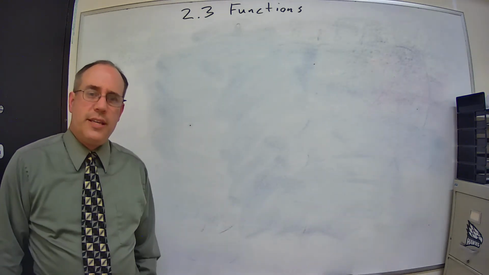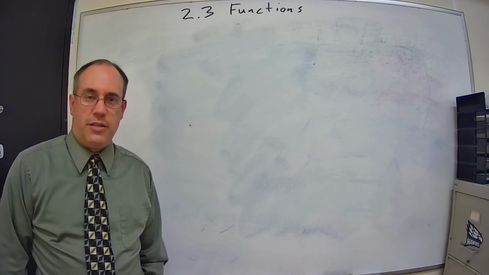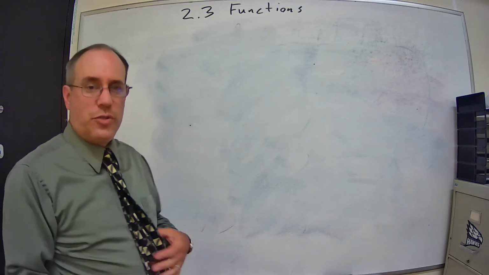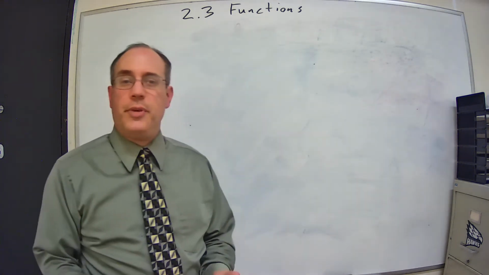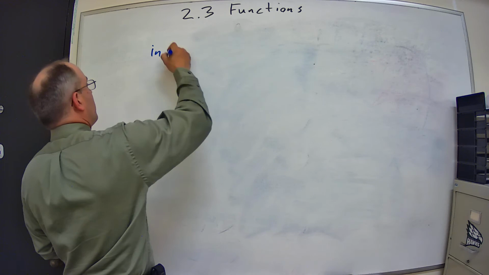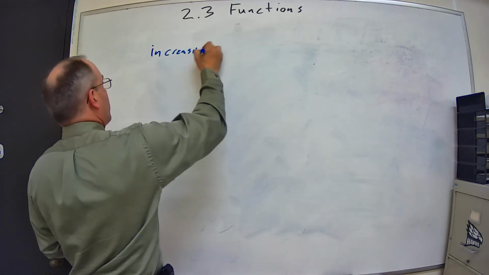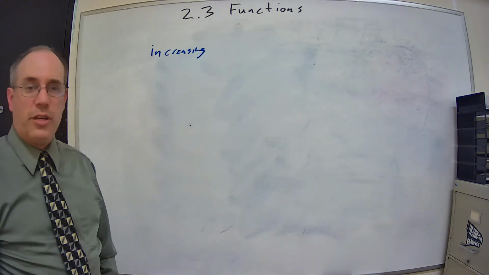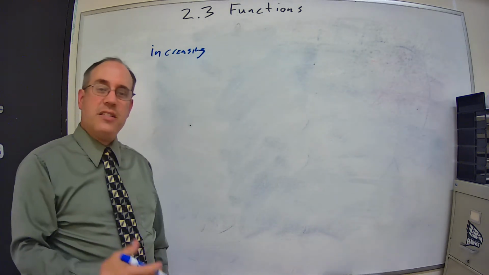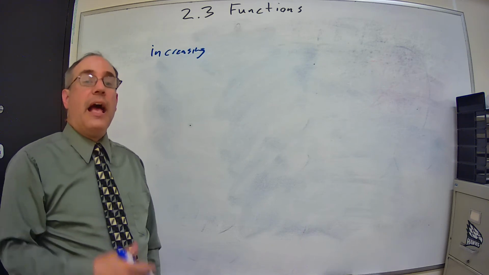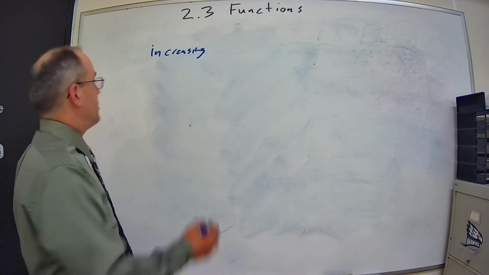Increasing, decreasing, and constant functions. Now we're going to start with them actually as the functions being such, and then we're going to break them up into pieces. So an increasing function is a function that as x increases, or as the input increases, the output also increases.